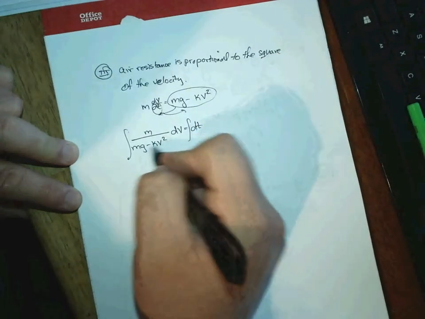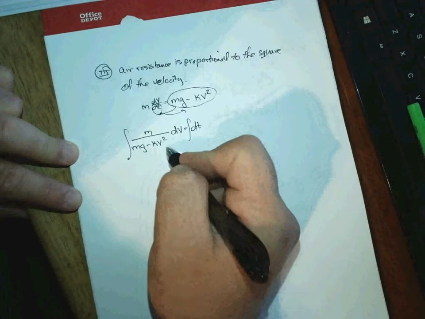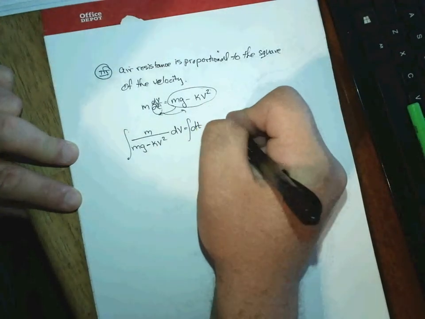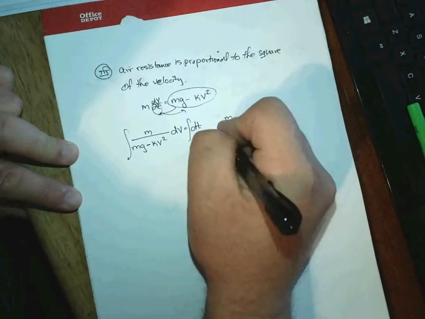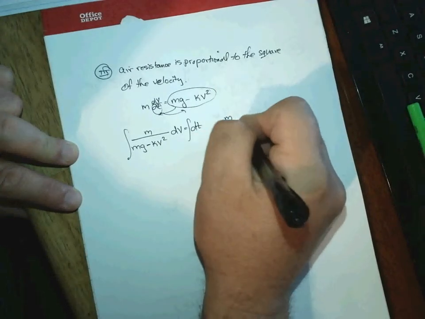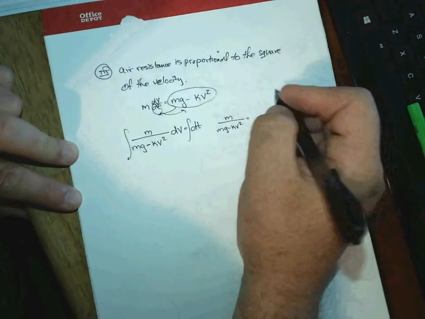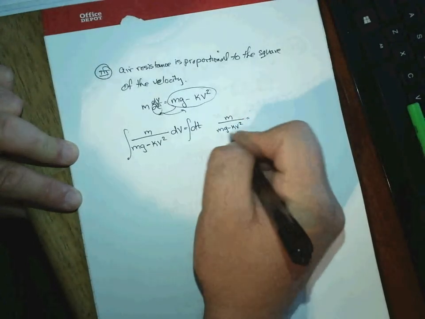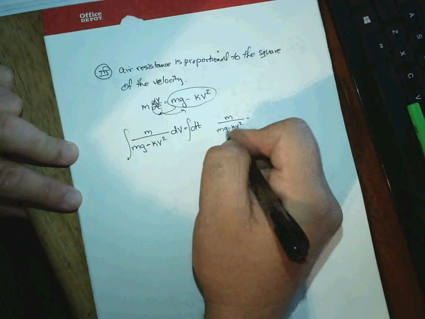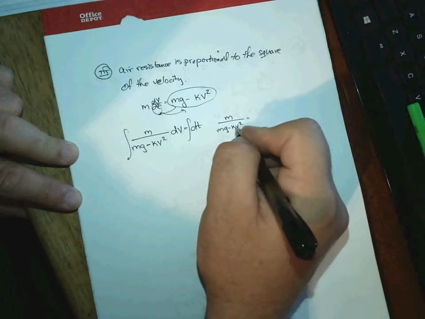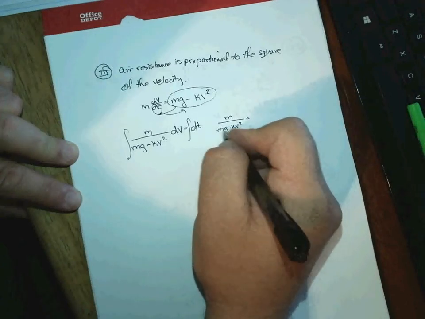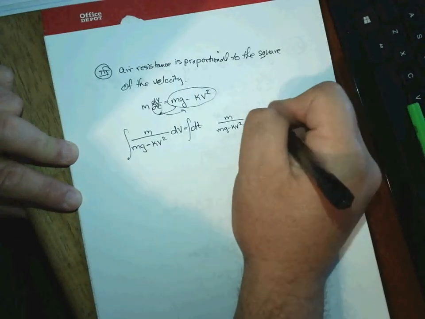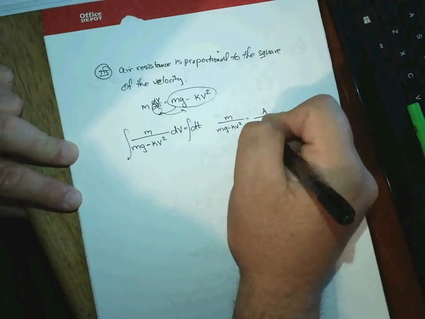Okay? The partial fraction decomposition that we have to do here is a little bit messy because, as you can imagine, factoring this quadratic term in the denominator is a little bit messy. So I have to take that m over mg minus kv squared and view it in a factored form. Okay, the factored form for the denominator is going to be the square root of mg minus the square root of k times v, and the square root of mg plus the square root of k times v.